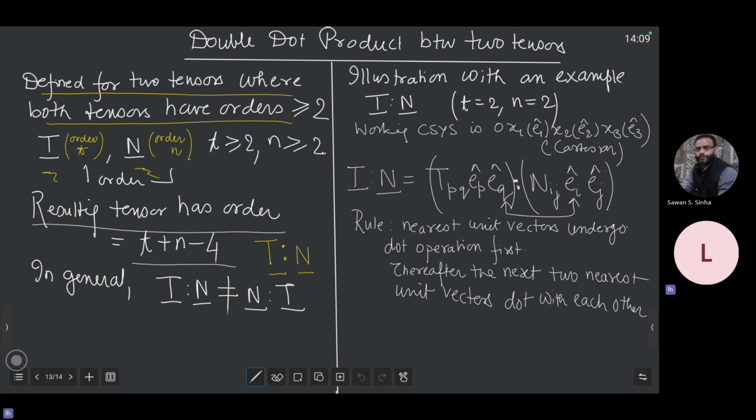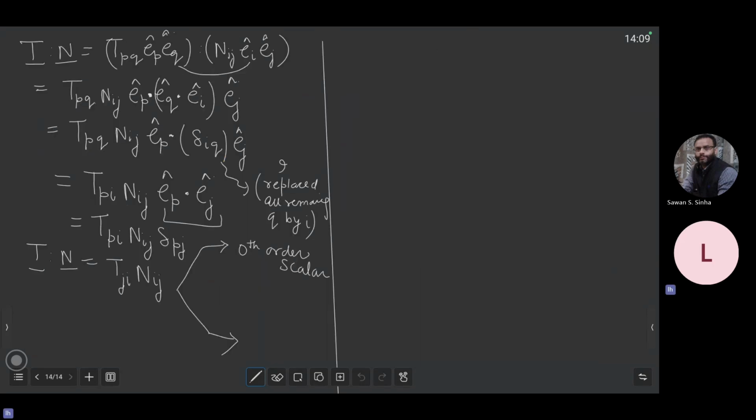In that case, t and n both are 2. So 2 plus 2 minus 4, 0. That's what is expected from this rule, and that's what is happening. Again, you can visualize, as I was saying in the morning, one dot product sacrifices 2 unit vectors. 2 dot products, 4 unit vectors will be sacrificed.